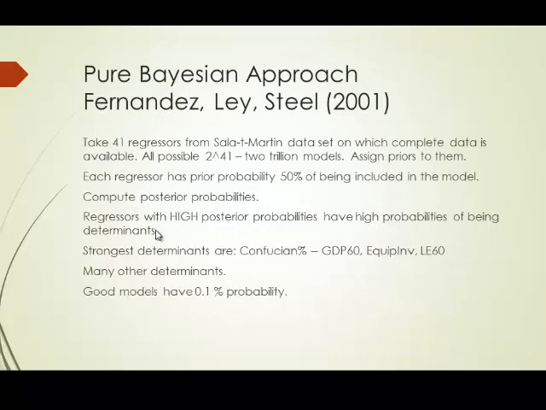So there is another strategy which was developed to modify the extreme bounds analysis, which is a purely Bayesian strategy, and he takes 41 regressors from the Sala-i-Martin datasets. This is Fernandez, Ley, and Steel, and he uses a purely Bayesian approach in which he assigns a prior probability to each of the variables, that it has a certain prior probability of belonging to the model.